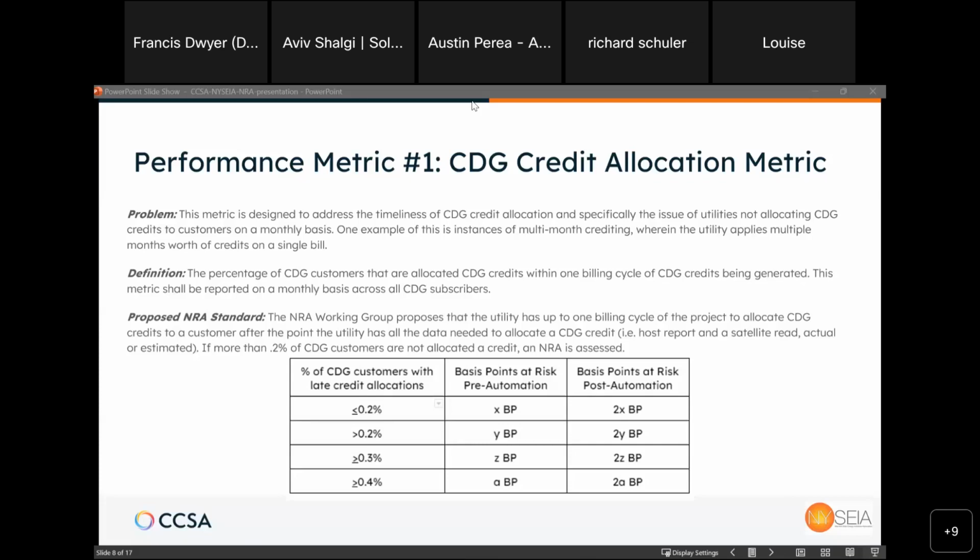Does that make sense? Yeah, so just a clarification too. You characterize this as being able to apply the credits within 5 seconds, whatever the server refresh rate is, but that omits the understanding that we have to know how much the satellite is billing before we can apply the credit, right? At the time the host bill is generated, we don't know what credit will be applied to satellites.